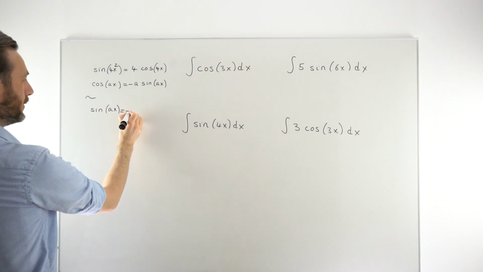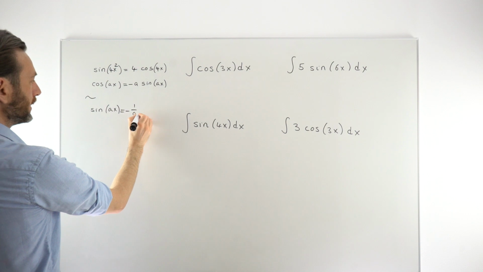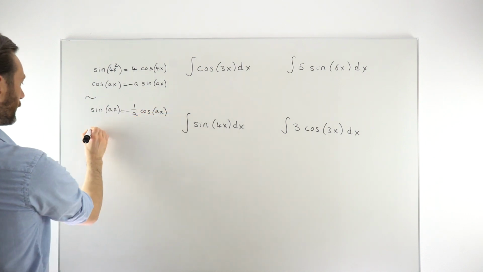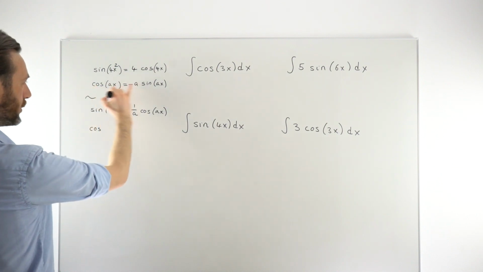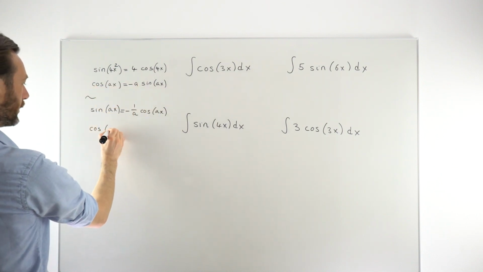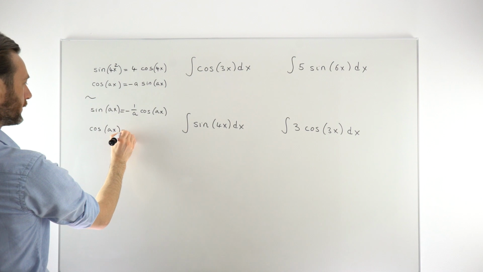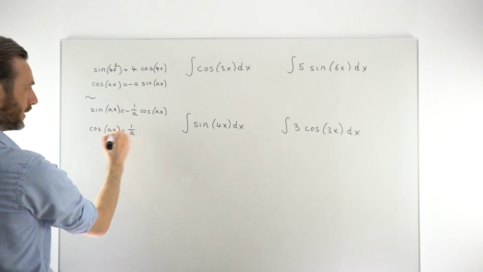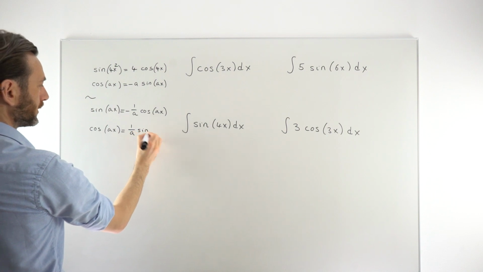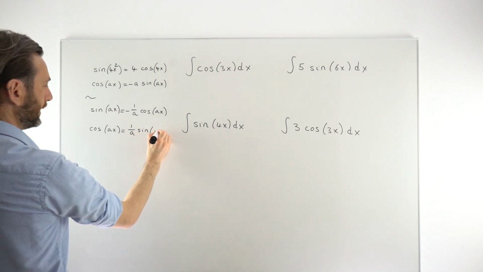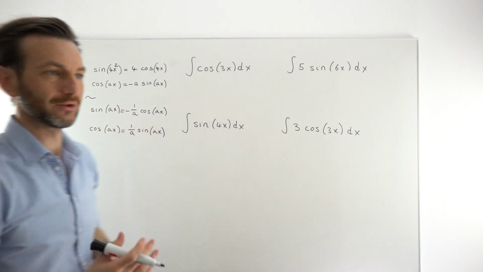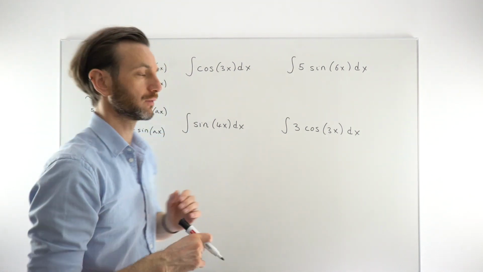So you end up with minus 1 over a cos ax. For the cos rule, in differentiation it becomes a negative, in integration it will stay positive, so it's going to be 1 over a, 1 over the derivative of this term, times sine ax. That's generally how you'll see these rules presented on a formula sheet or in a textbook.